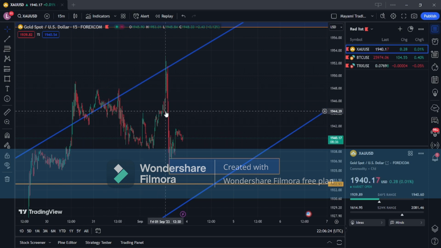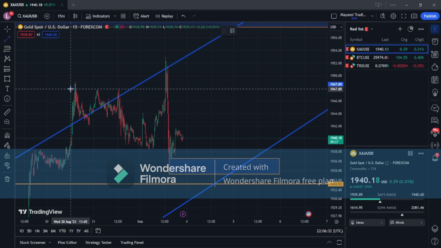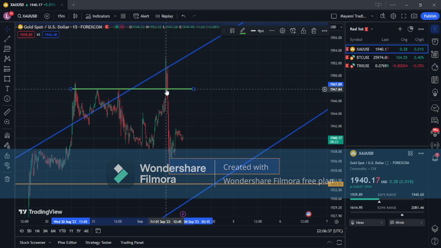The mistake you don't want to make is this: when you have a zone like this coming up from year to year, and this is where you trade at, and you see that because this is a resistance level, I pick my trade from here, and when it touches there, it breaks out and moves out, and it's a stop loss.